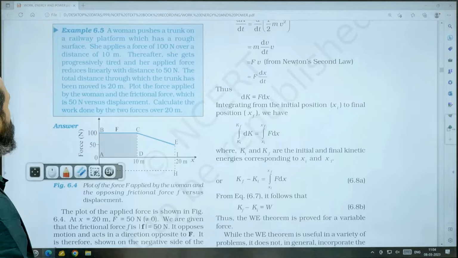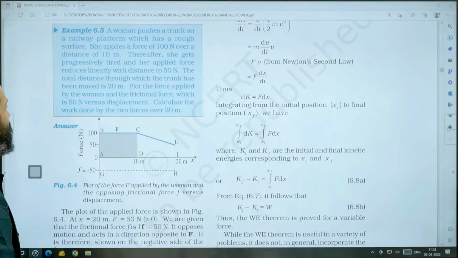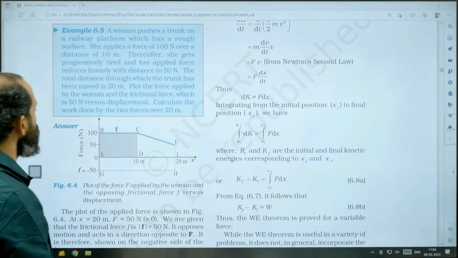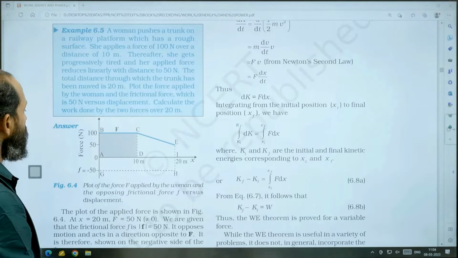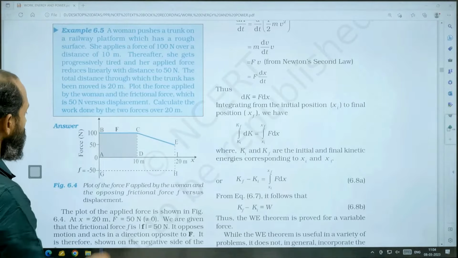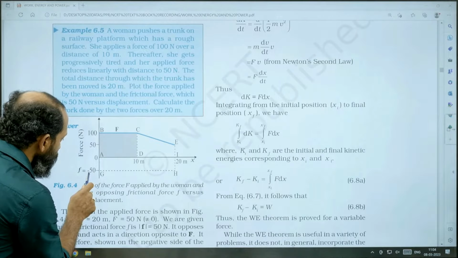Plot the force applied by the woman and the frictional force, which is 50 Newton, versus displacement. Calculate work done by the two forces over 20 meter. What is the work done by the applied force? What is the work done by frictional force? Frictional force is constant.